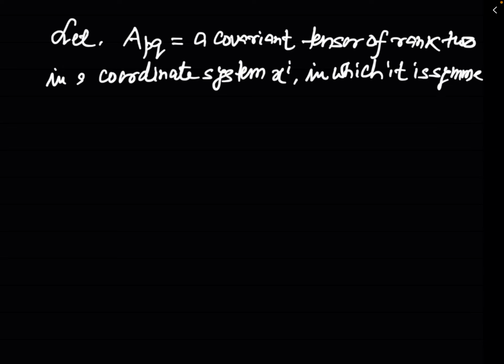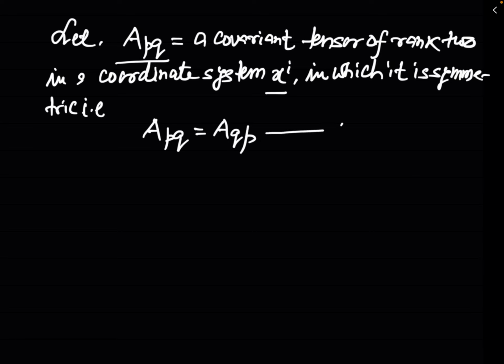In fact, in this coordinate system, we consider that this tensor is a symmetric tensor. And if this tensor is a symmetric tensor in the coordinate system xi, what does it mean? Definitely then we can write A sub PQ is equal to A sub QP. Let us say this is equation 1.